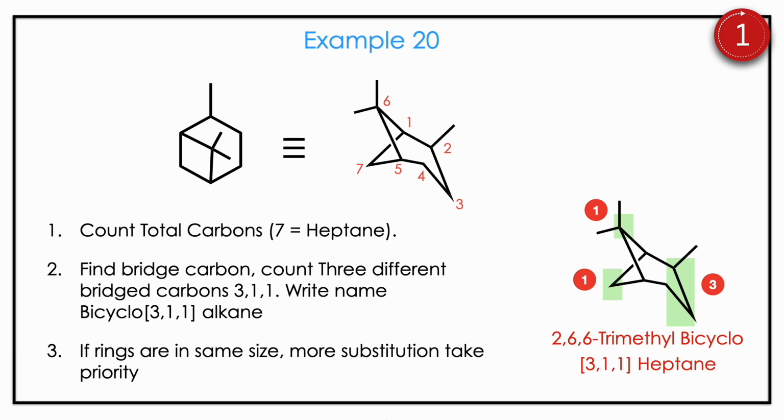The numbering will be 3,1,1. 3 gets high numbering and 2 rings have the same number of carbon atoms but the one with substitution has higher priority. So the methyl group gets 6 and the other 1 carbon system gets 7. So it has 3 methyl groups, on 2 position and 6 position. So the name will be 2,6,6-trimethyl bicyclo 3,1,1 heptane.